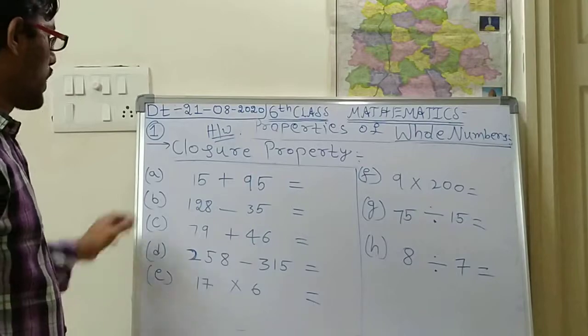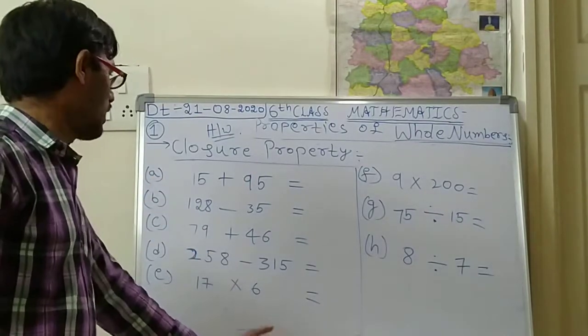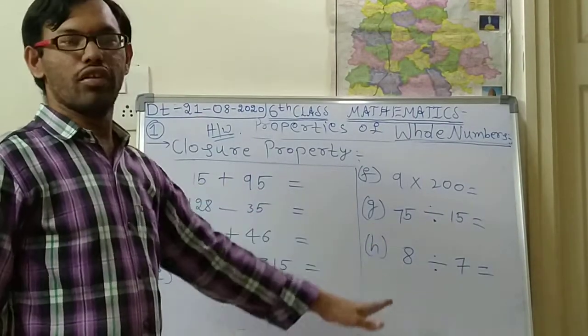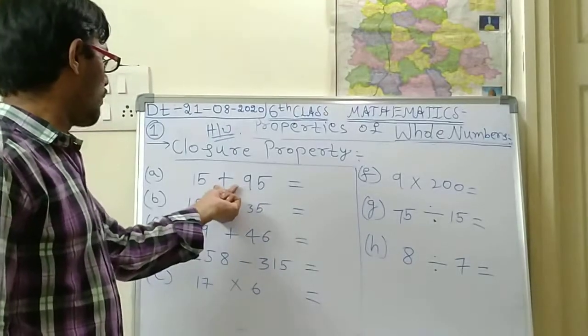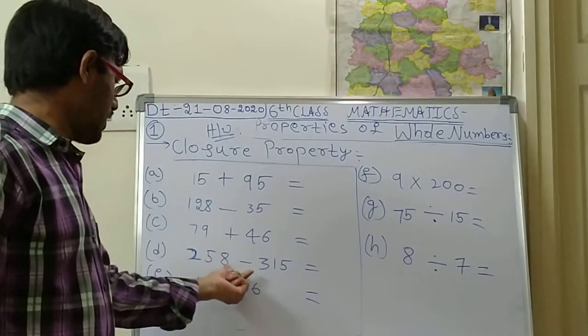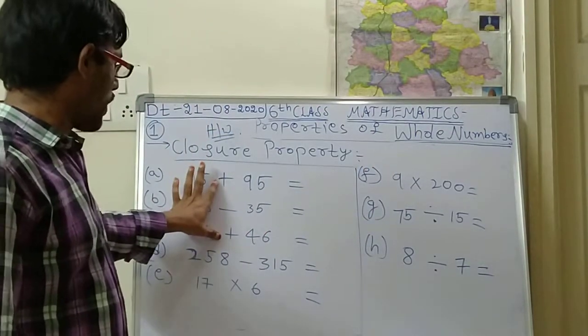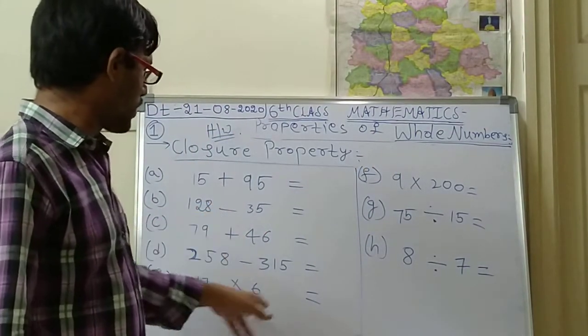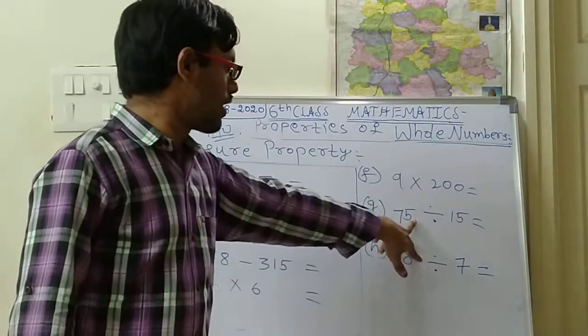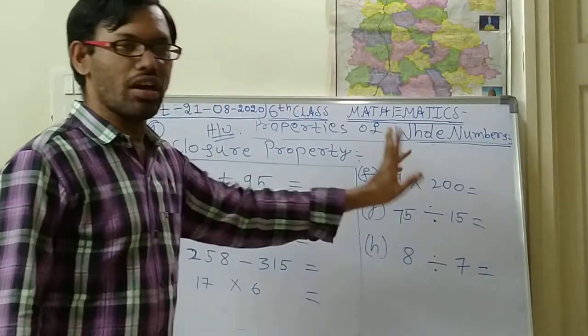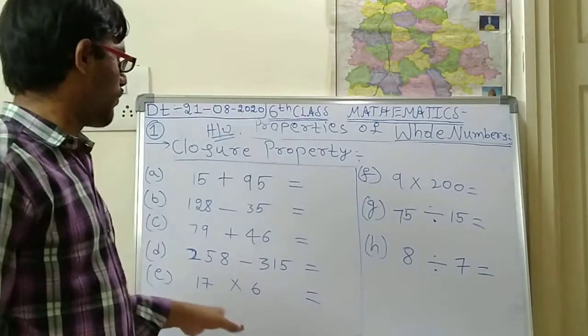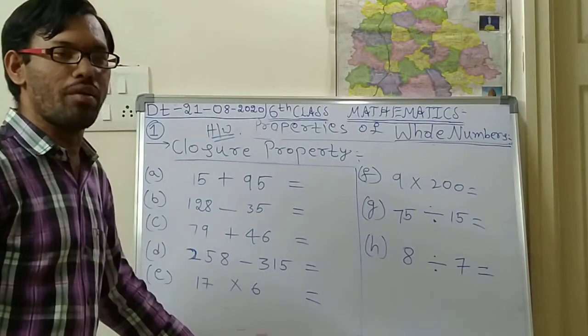These are your homework problems, children. In this, all the 4 basic operations have been covered: addition, subtraction, multiplication and division. There are 2 problems in each operation.